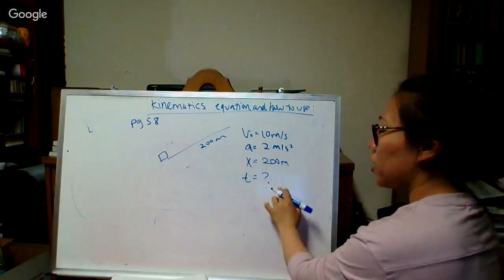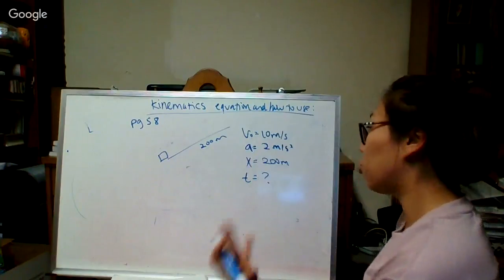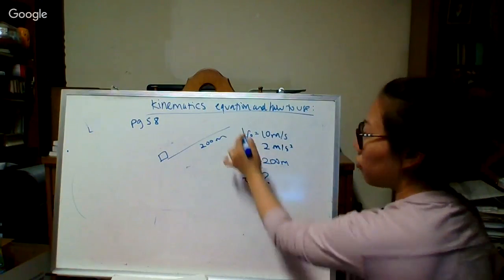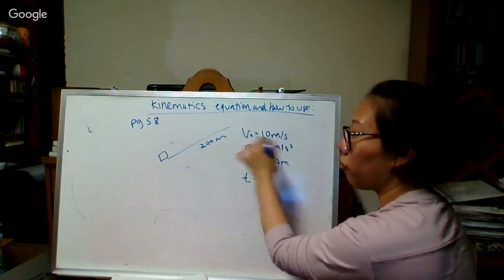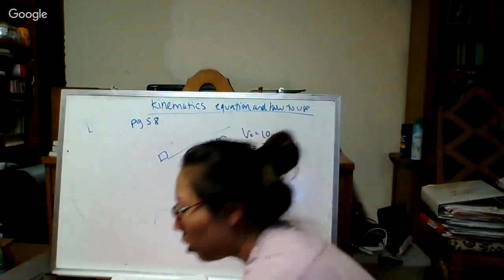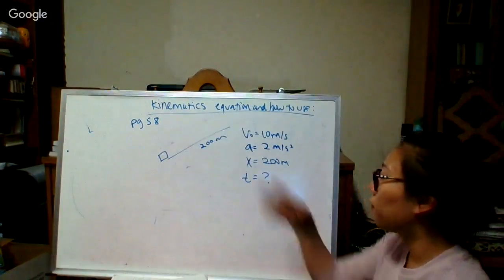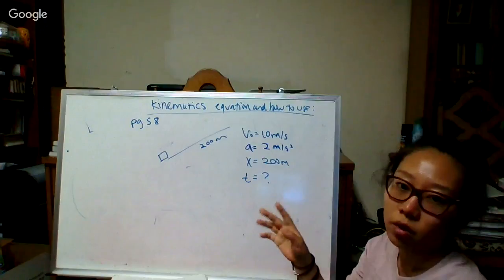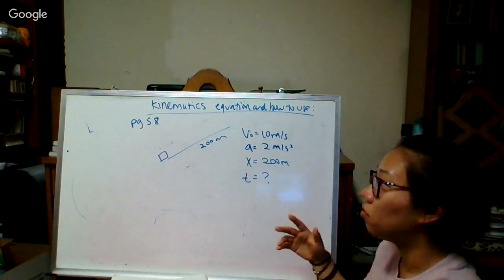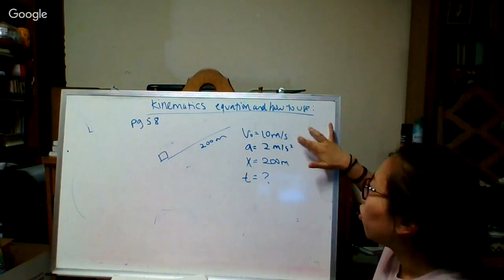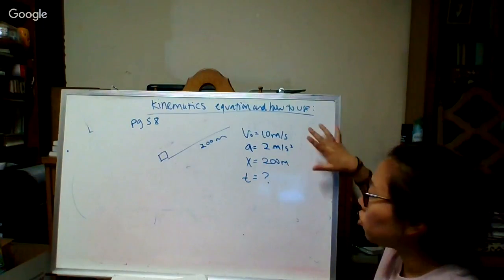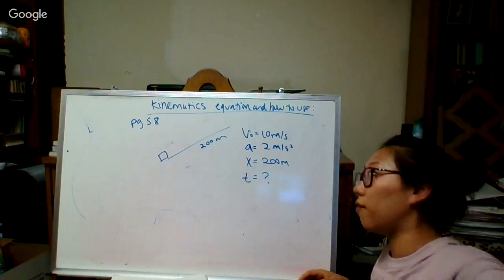Then you have to find out which variable you're missing. You should write down all your variables on the side and draw a diagram. The diagram is not important for here, but within the next chapter, it will be very important. The one you're missing is final velocity, so you have to find the equation that is missing final velocity.